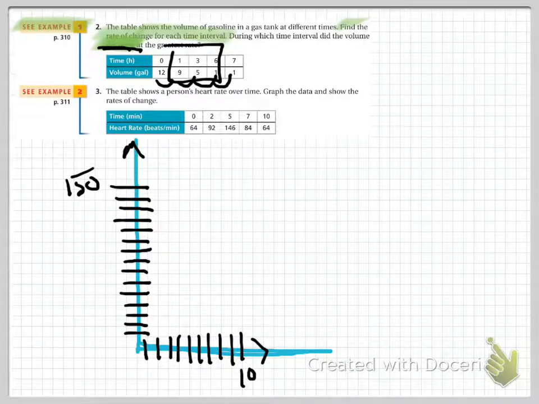And so I'm going to graph, and remember, these are my x and these are my y. So I'm going to start with 0 and go up to 64. So 10, 20, 30, 40, 50, 60. Let me get a different color going on here.